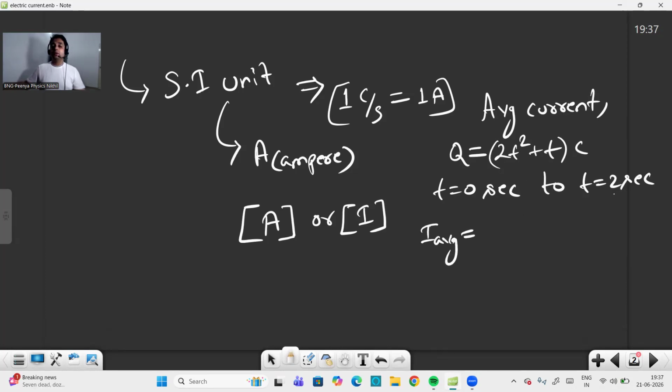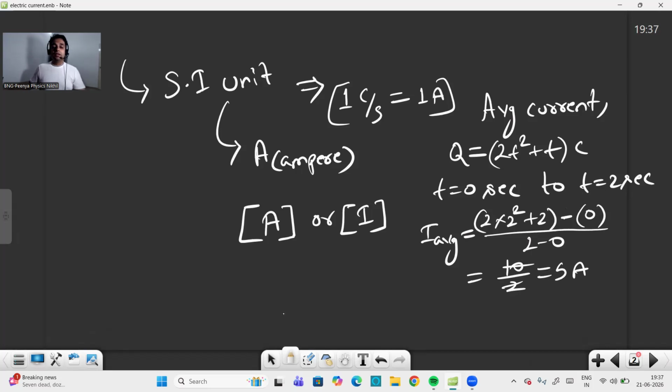Average current is final charge minus initial charge. Putting t as 2, we get 2 into 2 square plus 2, minus initial charge, which is 0, divided by the total duration, 2 minus 0. So 2 into 4 is 8, 8 plus 2 is 10, and 10 divided by 2 is 5 ampere. So the average current is 5 ampere.